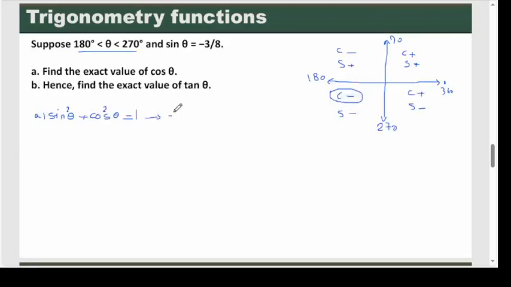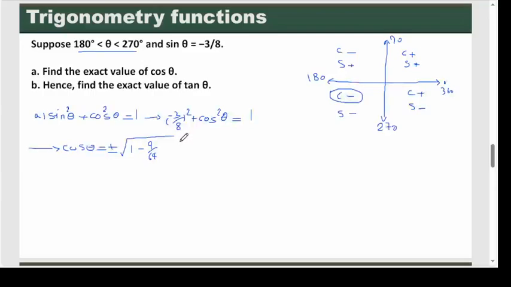I will have negative 3 over 8 to the power of 2 plus cosine of theta to the power of 2 equals 1. If I bring all the constants to the other side, I will have cosine of theta equals positive or negative the square root of 1 minus, if I apply this power, 9 over 64.